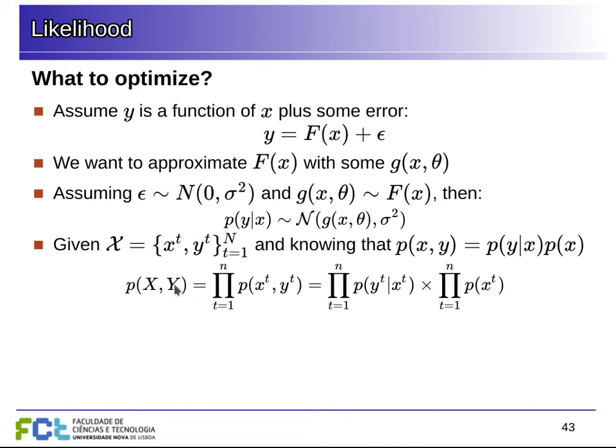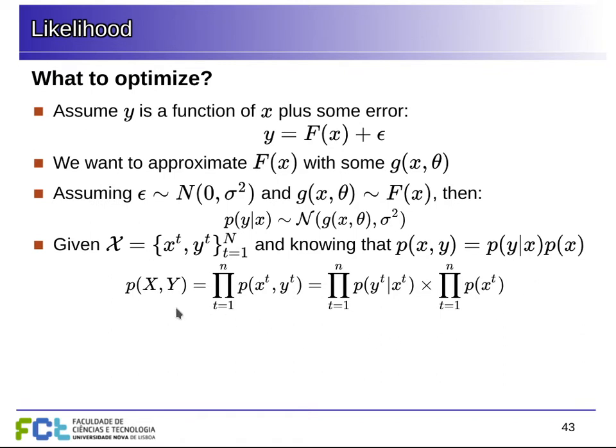So given that we have this distribution of points, this data set, and this is just a theoretical consideration here, the joint probability of the x and y's is equal to the product of the marginal probability distribution of those different x values and the probability of the y values depending on each x that we have.